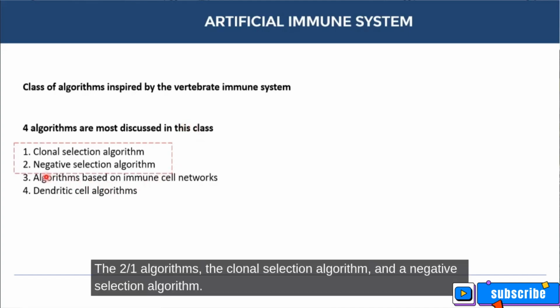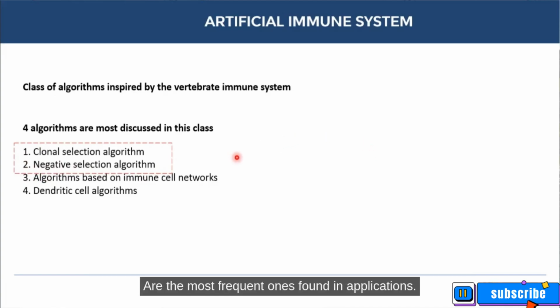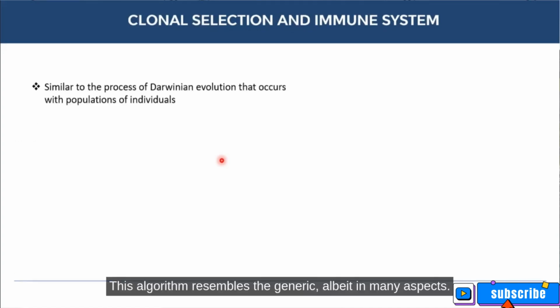The first two, the clonal selection algorithm and the negative selection algorithm, are the most frequent ones found in applications. This algorithm resembles the genetic algorithms in many aspects.